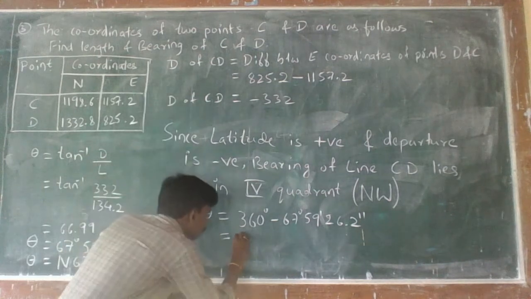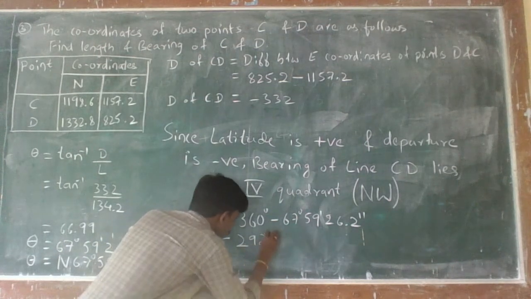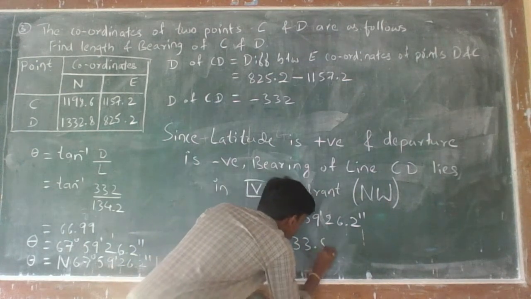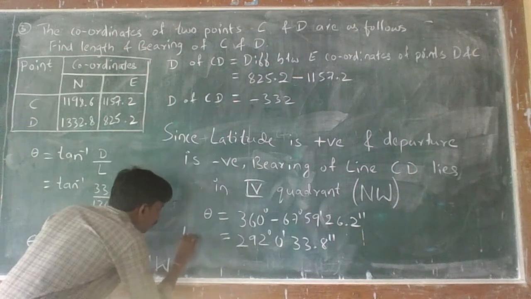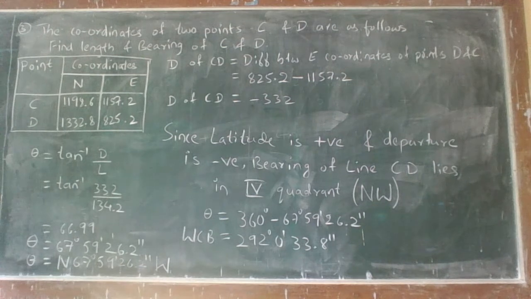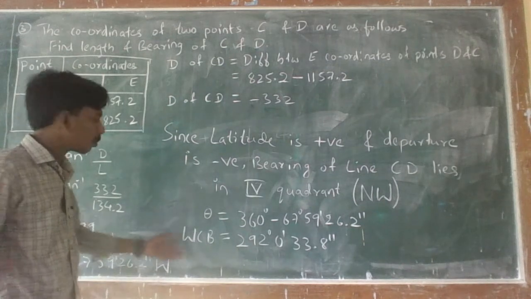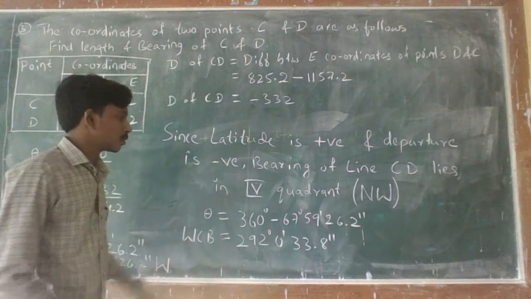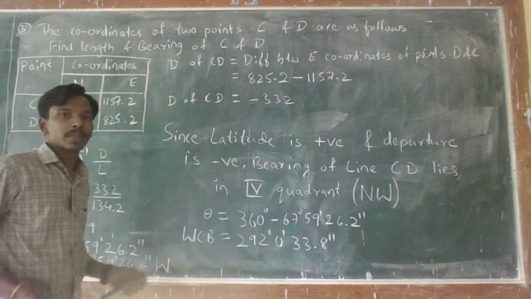Now you will get the whole circle bearing as 292 degrees 0 minutes and 33.8 seconds. So this will be your whole circle bearing. Here first we have determined the value of bearing in the quadrantal or reduced bearing system. Now at the end of the problem you can convert this into the whole circle bearing also. Now the problem number 3 is completed.